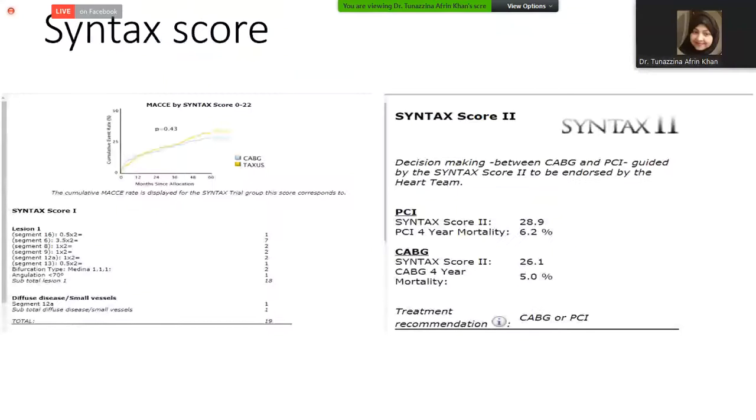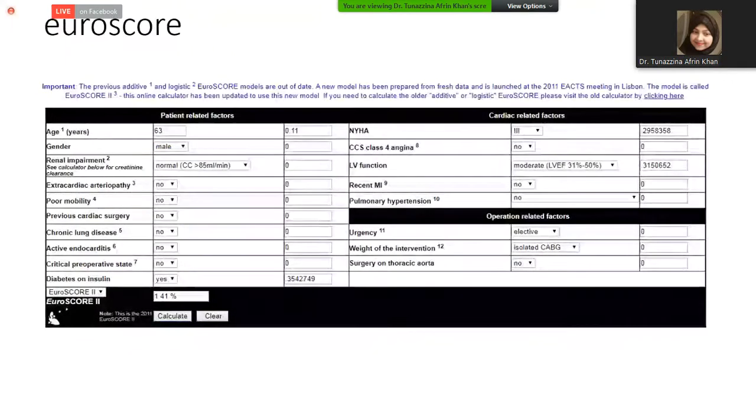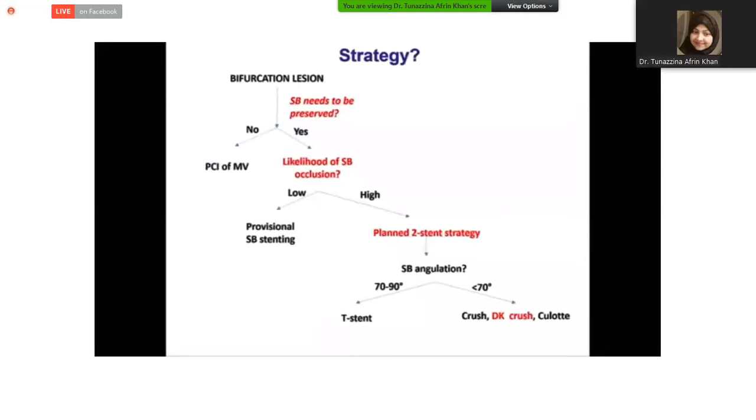The SYNTAX score revealed either CABG or PCI as a revascularization option for this patient, and EuroSCORE revealed also low mortality at the peri-operative stage in CABG. So what should be the strategy if we go for PCI?